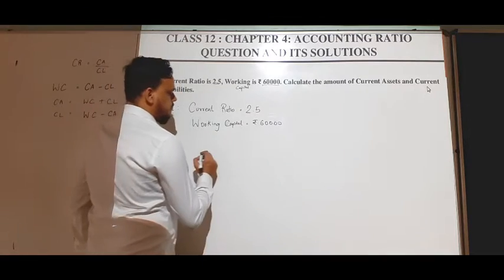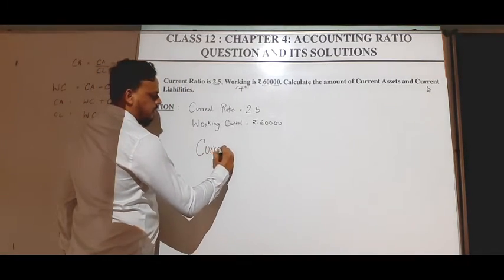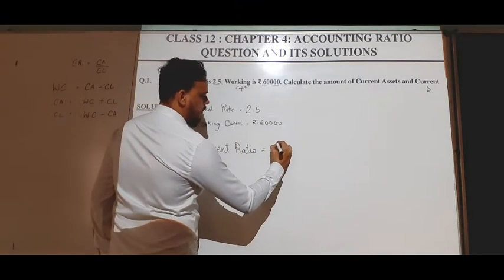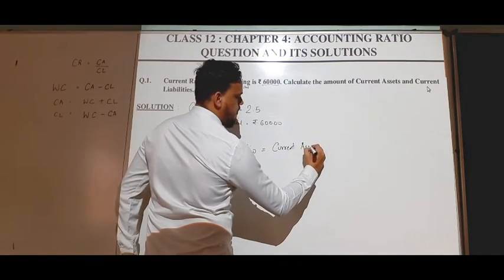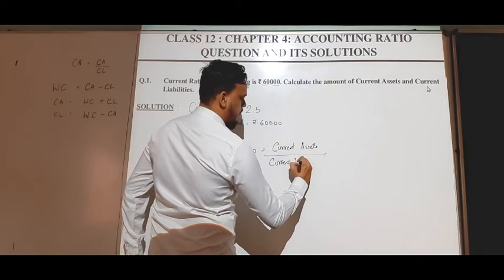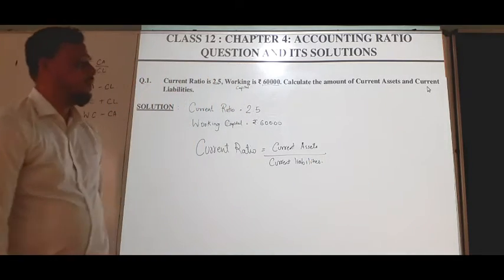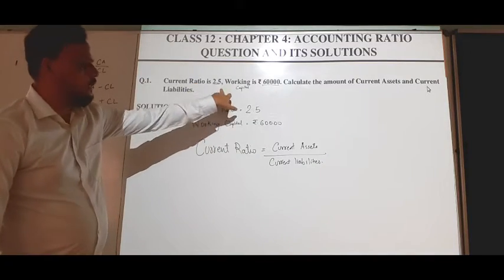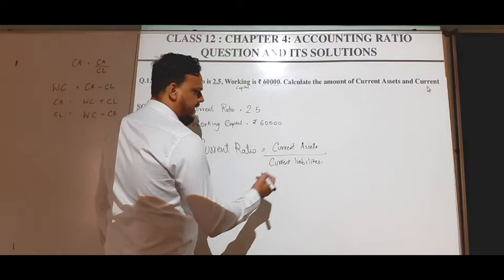So according to this, if we apply the formula, current ratio is equal to current assets upon current liabilities. But it has been said that current ratio is 2.5, so I will replace that word directly.